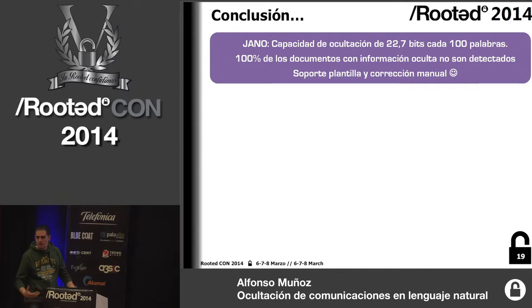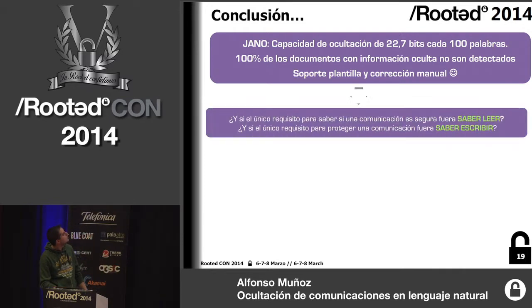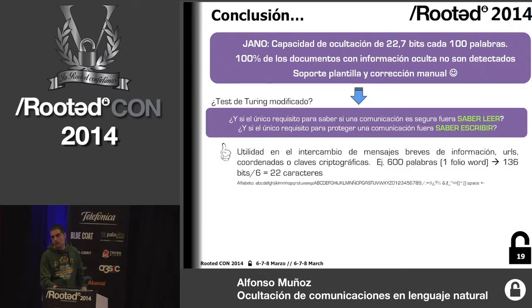I'm finishing. I also studied the viability of using this in a robust way to detect as much information as possible. Current attacks do not detect any text. And hopefully, by the time I release the tool, you can tell me whether you can detect it or not.